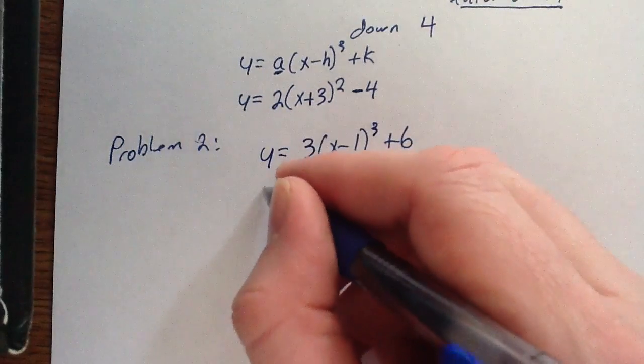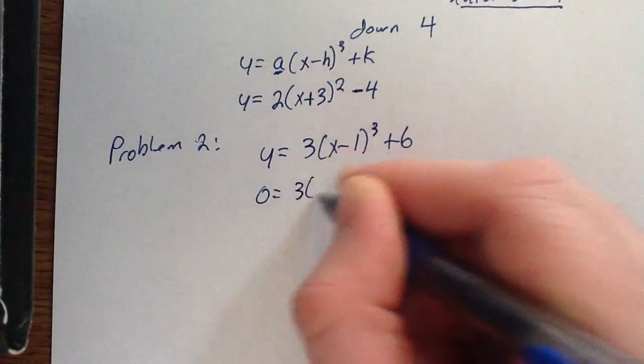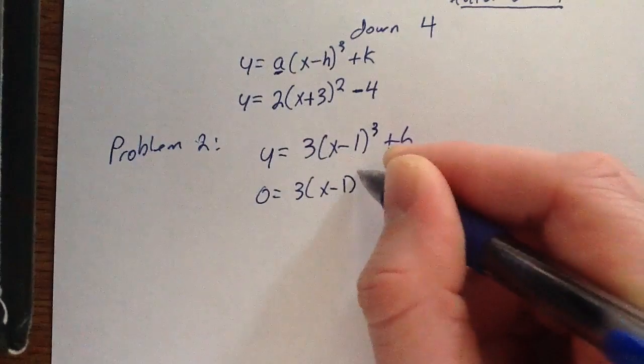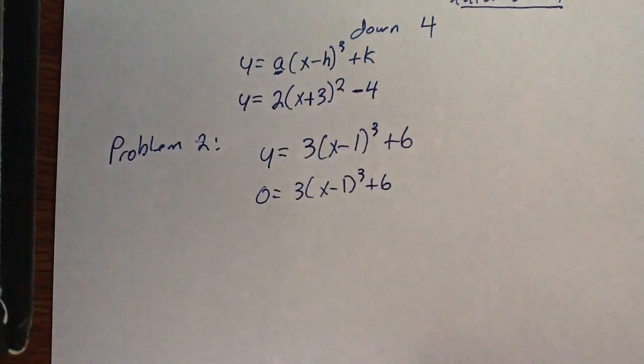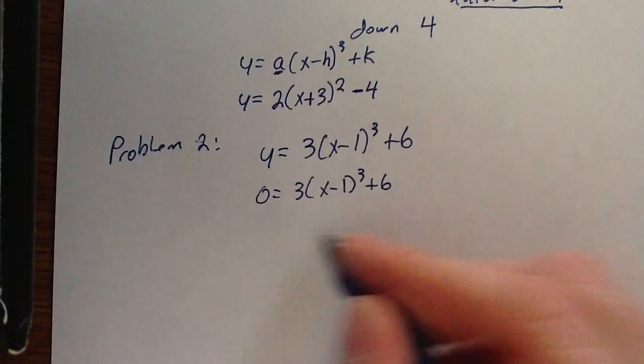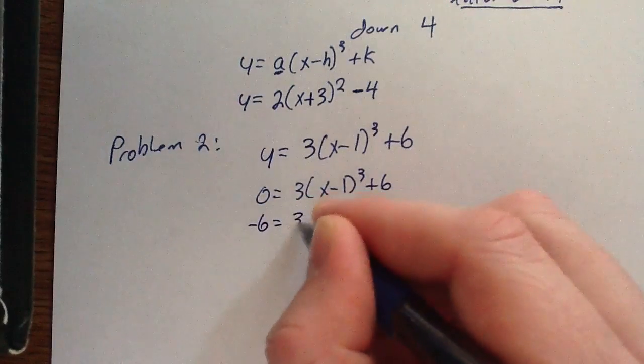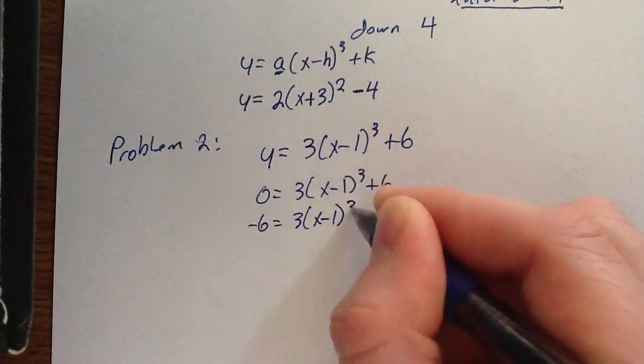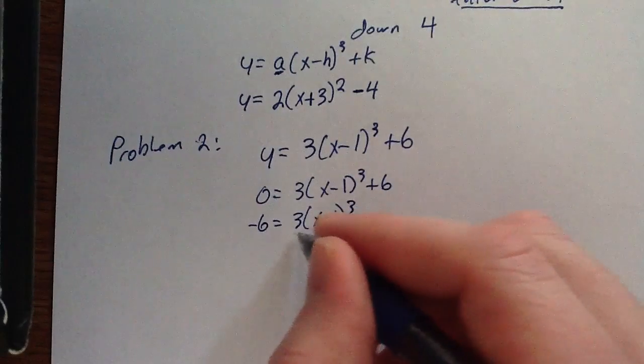We're going to replace the y with a 0 when we're trying to find a root. We're going to solve, so we'll move the 6 over. Then divide by your 3.